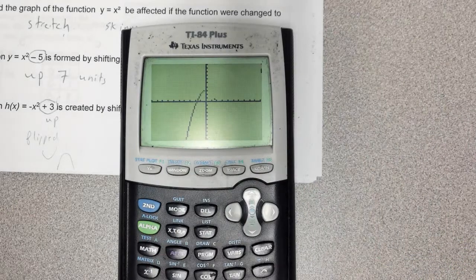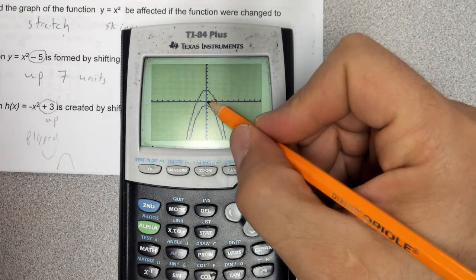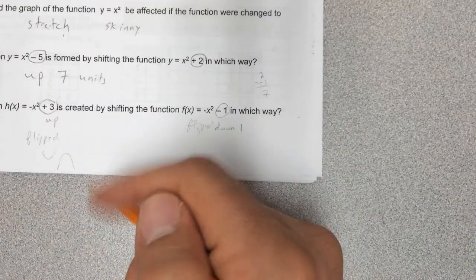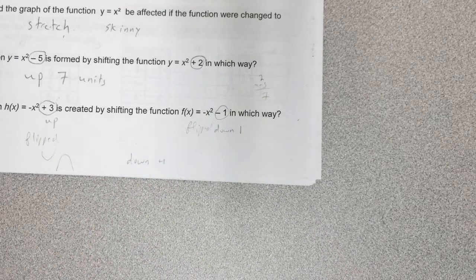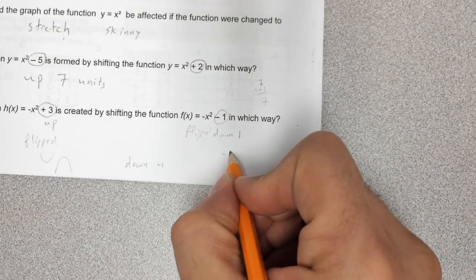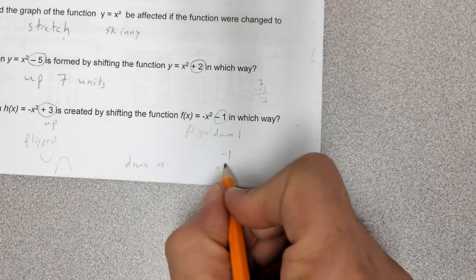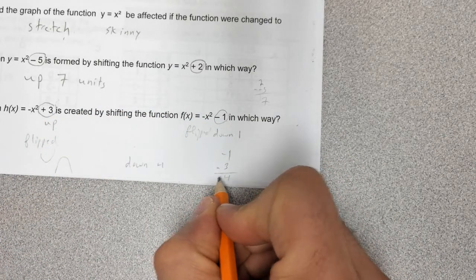Alright, here's the original one. It's flipped and it's up to 3. Here's the other one. It's flipped and it's down. So you notice it went 1, 2, 3, 4, down 4. Or in this case, it's negative 1 minus 3, which is negative 4, down 4.